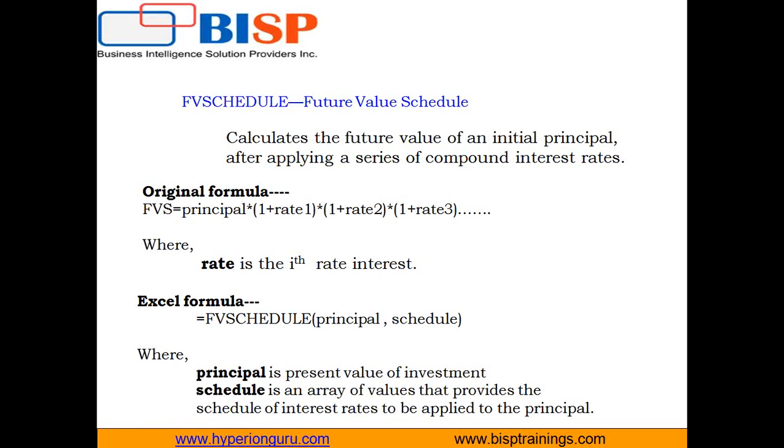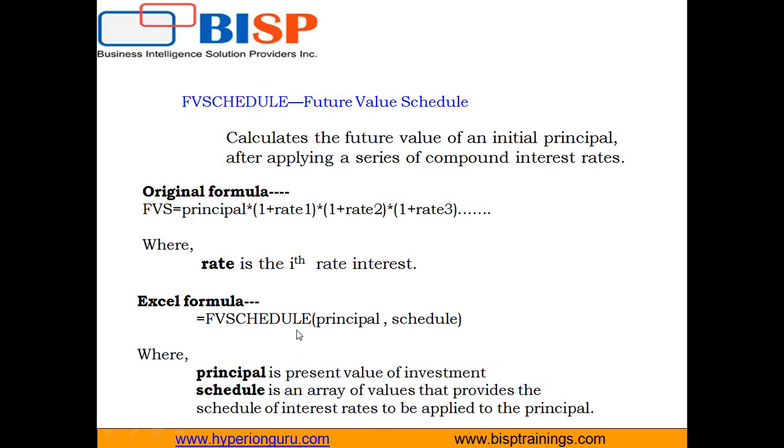Variable interest rate means that we have many interest rates and only one principal, and we are calculating an investment with a variable interest rate. And the calculation is done like this: principal times (1 plus rate 1) times (1 plus rate 2) times (1 plus rate 3), where rate is the interest rate.